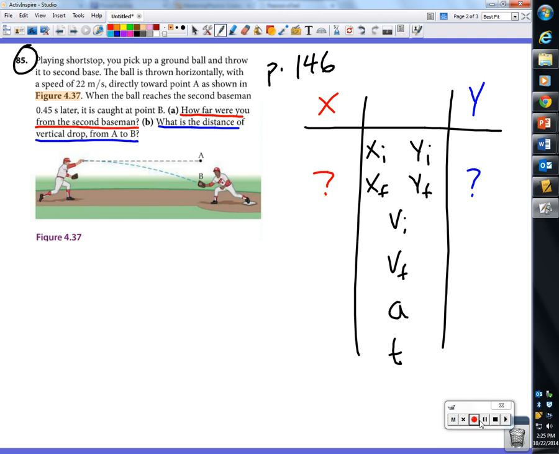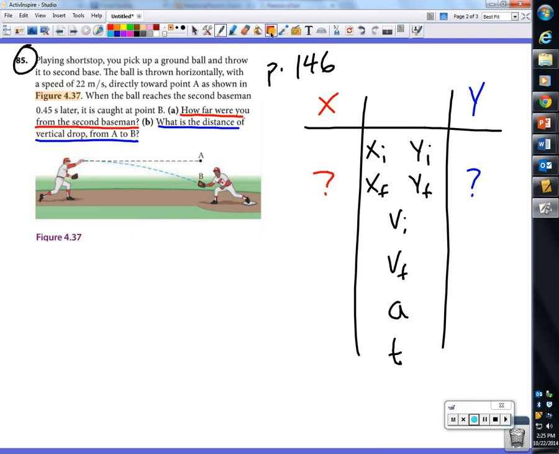Okay, before we start analyzing these things, all of the descriptions of motion that we've discussed up until this point depend on reference point, coordinate system, and so on. Here in this problem, it doesn't give us the reference point or the coordinate system like it did in the previous problem. That being said, we can pretty much choose wherever we want to put it.